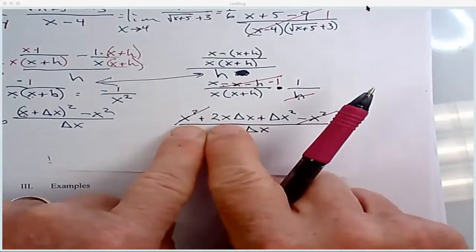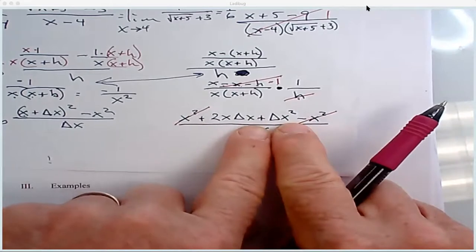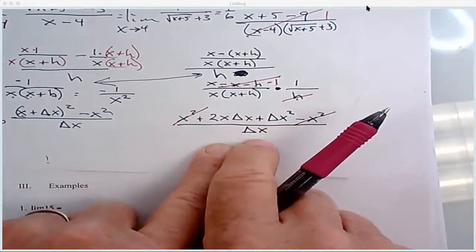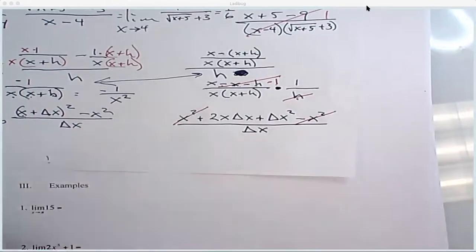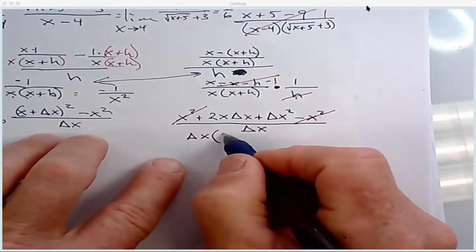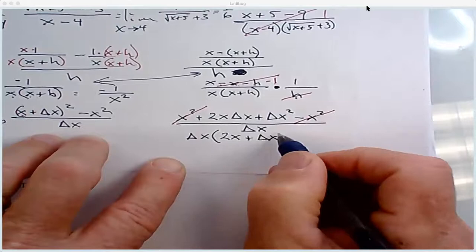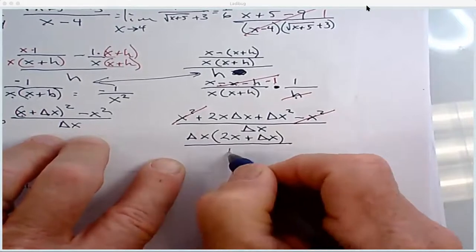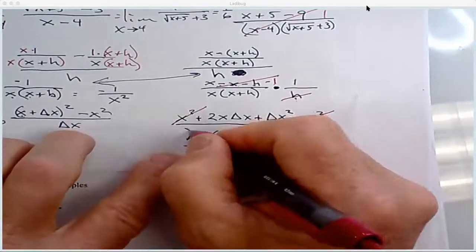I have 2x delta x, which is weird, and delta x squared, which is weird, over delta x. So what I'm going to do is on the top, I'm going to factor out a delta x. I'll be left with 2x plus delta x over delta x. And I'm going to simplify those.